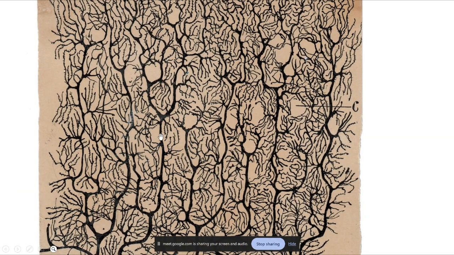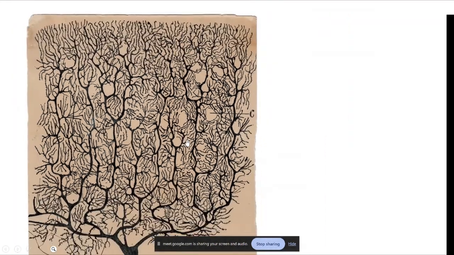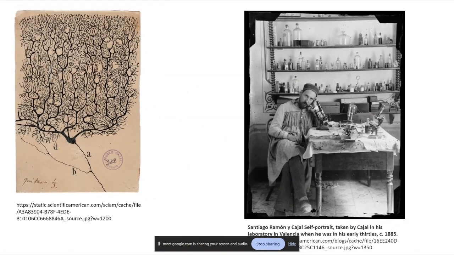You can even see the dendritic spines and the elaborate structures that Cajal has drawn by hand. He was extremely brilliant in terms of his drawing abilities, and he was also an extremely wonderful researcher.